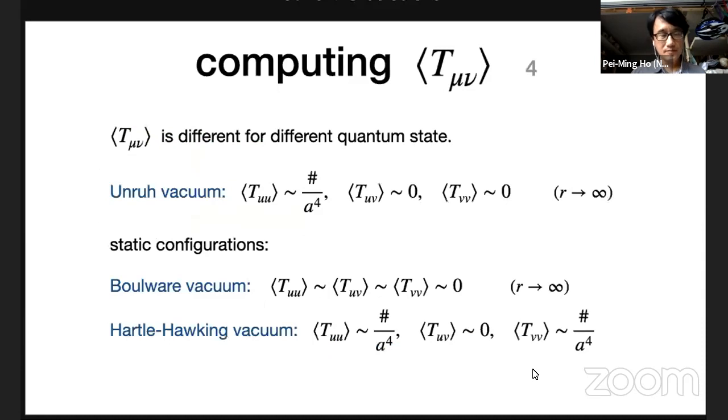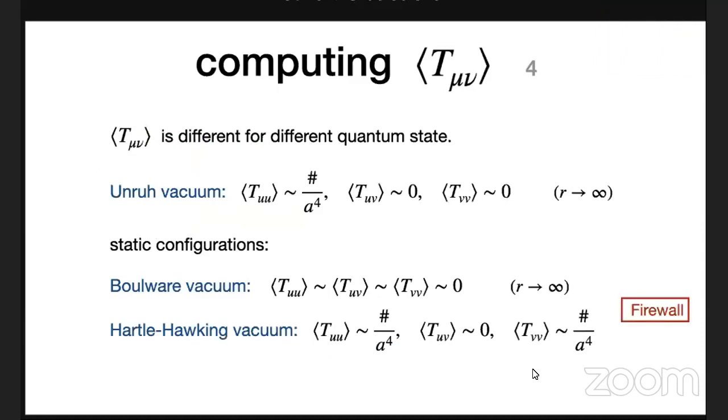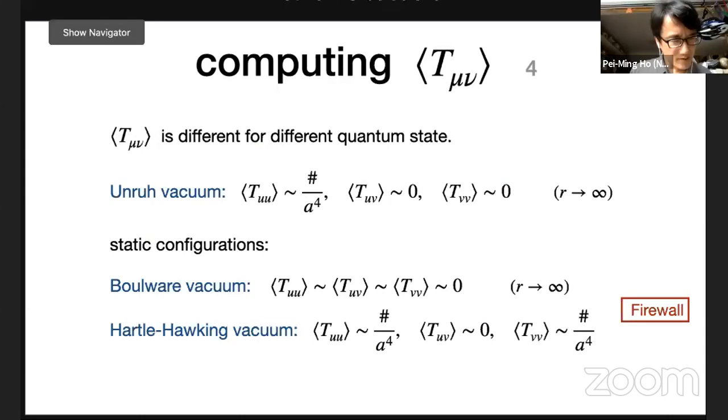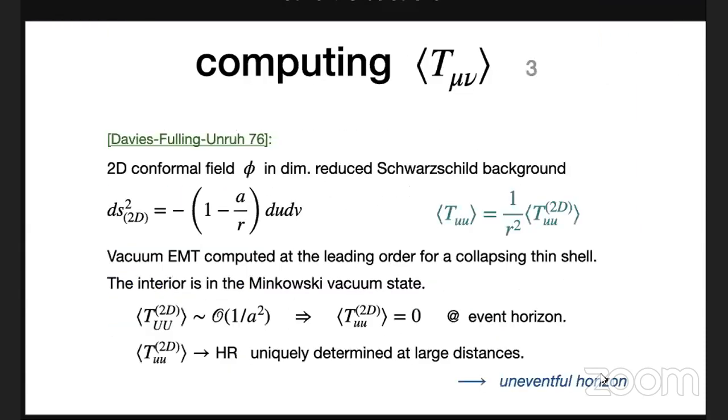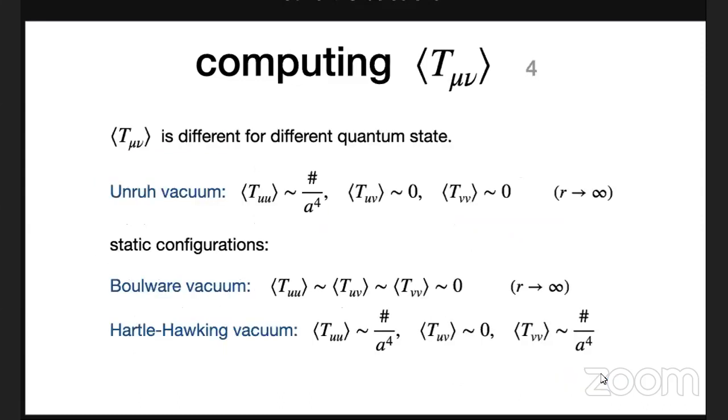Excuse me. So in the case of the Hartle-Hawking vacuum, you are saying there is still a large energy momentum tensor in the near horizon region. Is that the point? Yeah, that's what I remember, but I'm not totally sure. I suppose there's some computation of Hawking radiation for this Hartle-Hawking vacuum, and I do not remember correctly, but I suppose that this energy momentum tensor was regular.